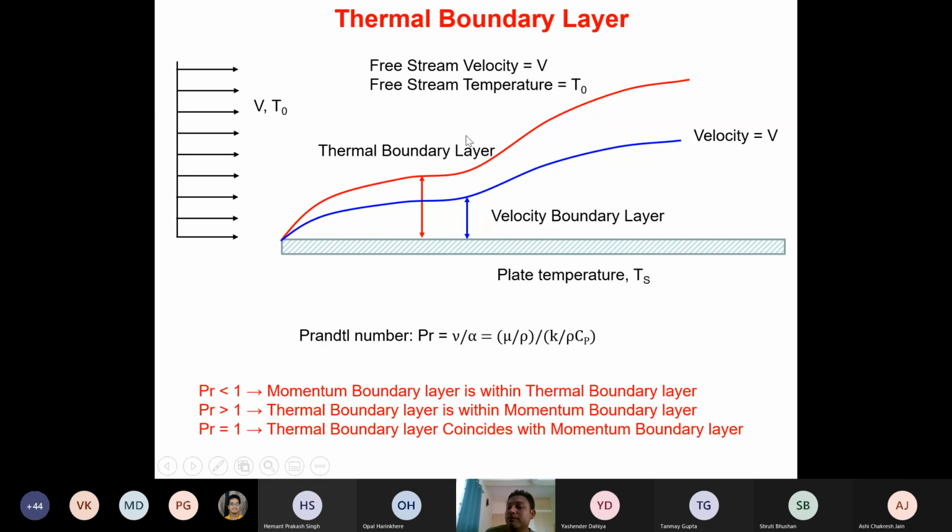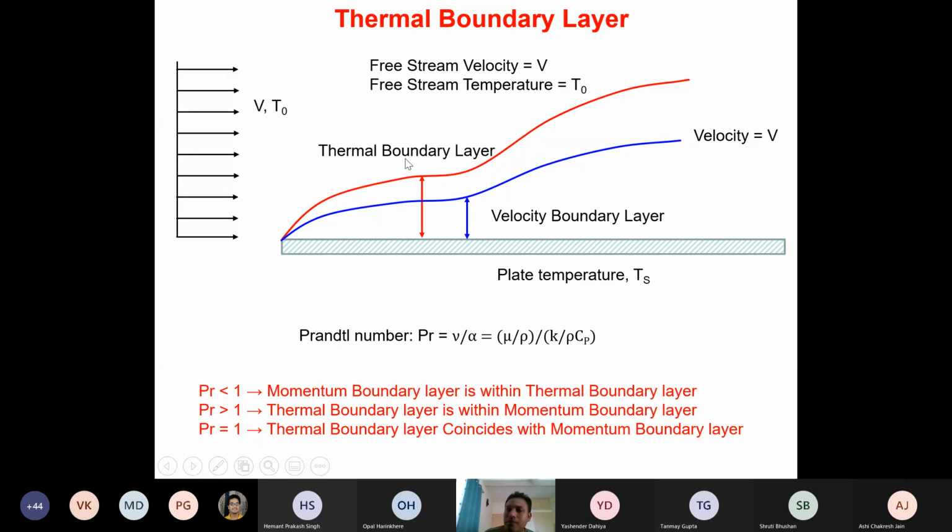One point to note down is that the temperature boundary layer, or thermal boundary layer, and the velocity boundary layer are different. They are not the same. But for solving the temperature distribution T, you first need to solve the velocity boundary layer, and that you have to input in the energy balance, and then you obtain the thermal boundary layer.